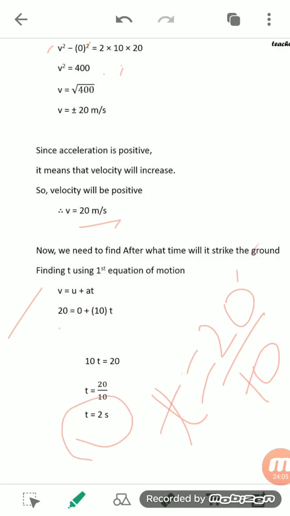So we found the final velocity, that is 20 meter per second, and the time is 2 seconds. So these are the different numericals on the basis of the equations of motion. Whatever values are given, on that basis you use the different equation of motion and solve the questions related to it.